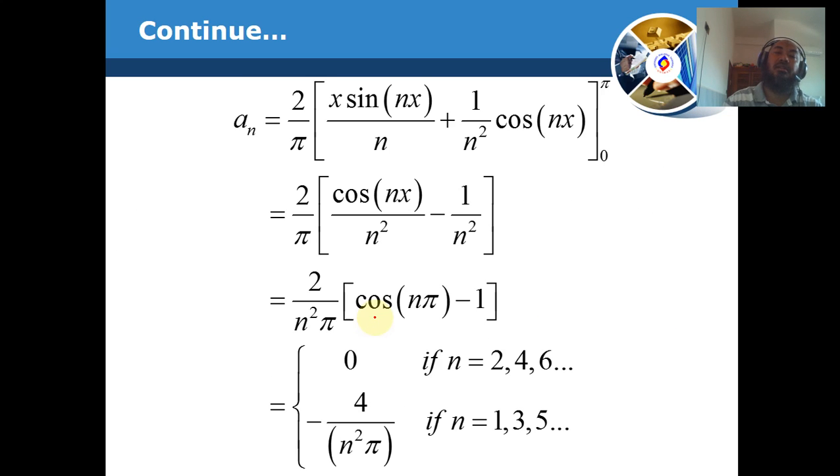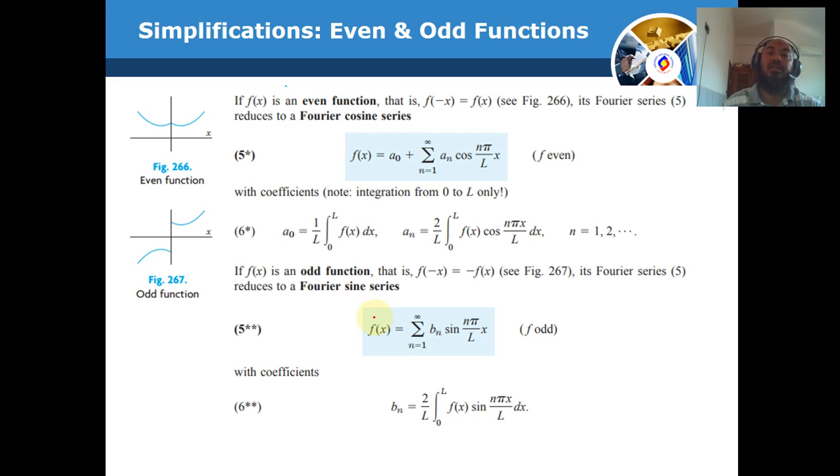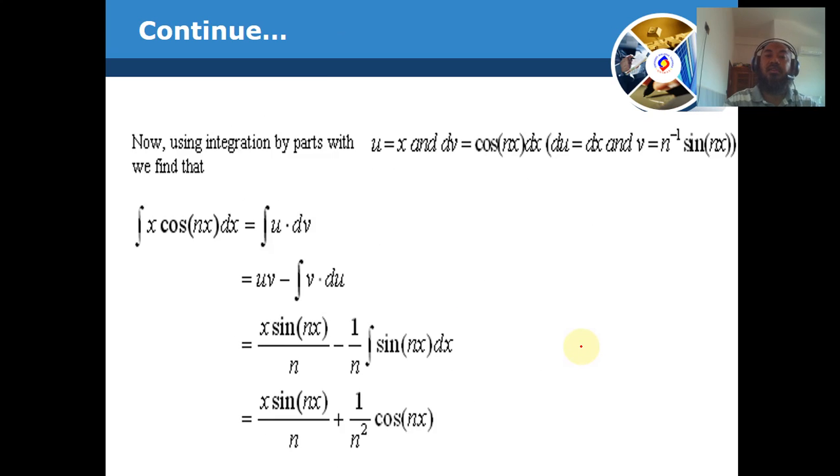This is another theory. If f(x) is an even function, the Fourier series will be equal to a0 plus an only. And if it is an odd function, then f(x) is equal to bn only.